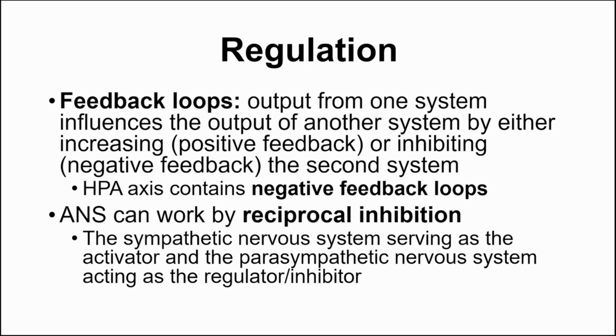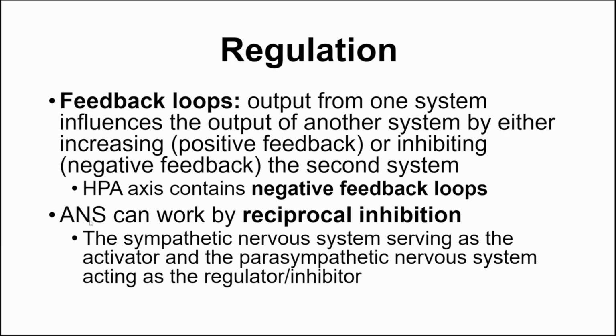So, as too much of a hormone starts building up in the bloodstream, the hypothalamus is going to tell us to slow the release of that hormone. We'll have sort of an upper limit, and as we have too much buildup, we'll reduce the production and release of that hormone to stay within acceptable levels. So this means that we're not going to have a spiraling out of control amount of any of our hormones. Instead, we're going to be able to reset and return to normal levels as necessary.